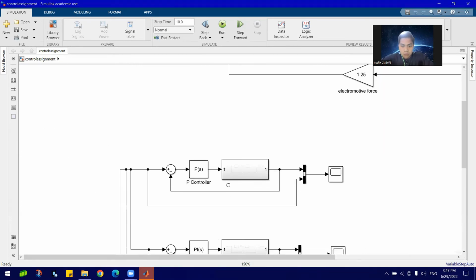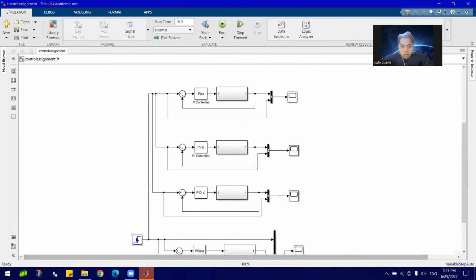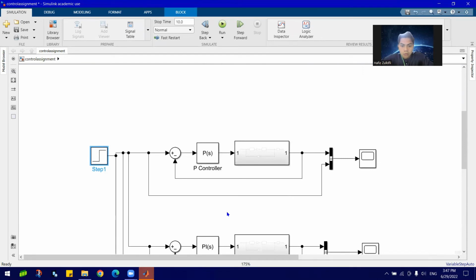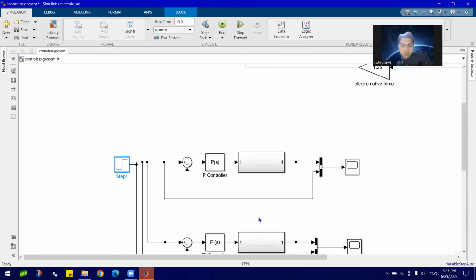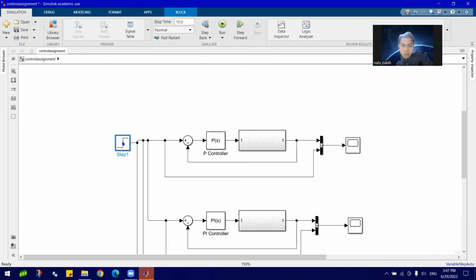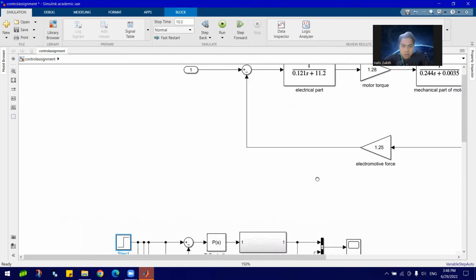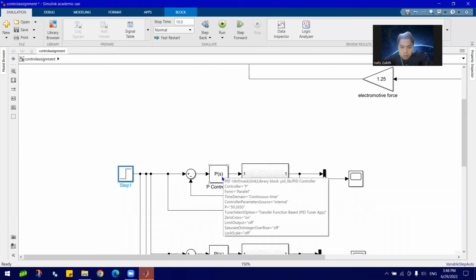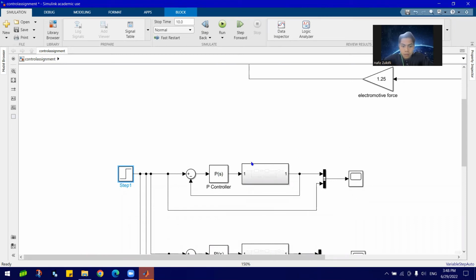So next, it goes to the P controller. In the P controller, the function and the device use almost the same block diagram as the main block diagram, which is the PID controller, modified to a P controller.